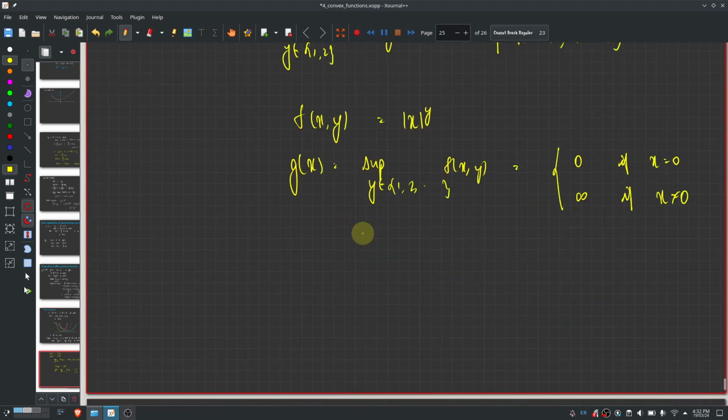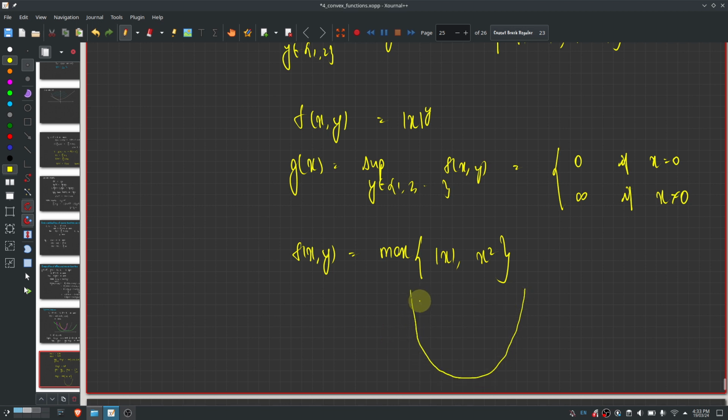So for example, if I take f of x comma y to be equal to, let me say, the maximum between mod x and x square, what would this look like? Correct.